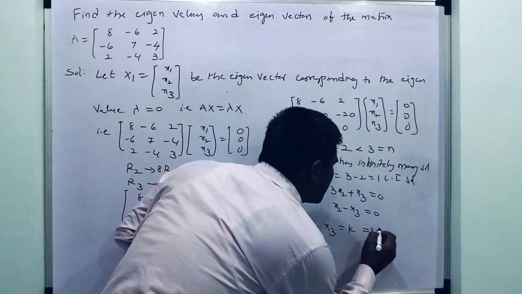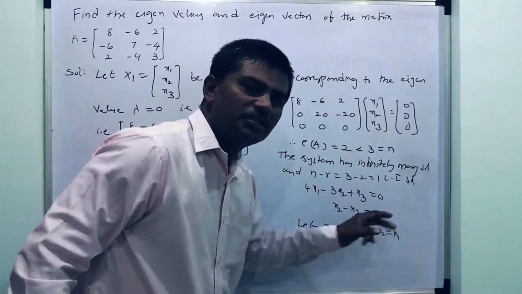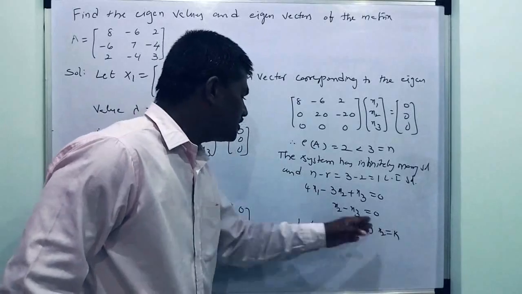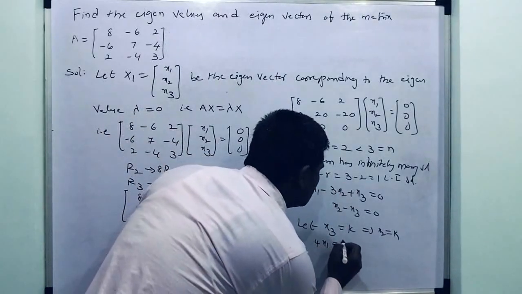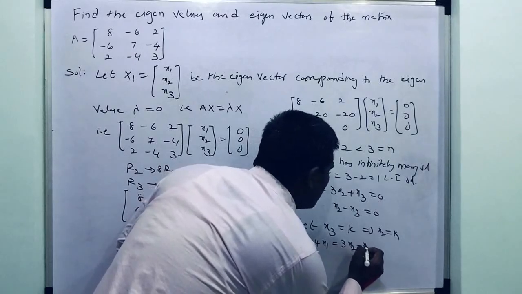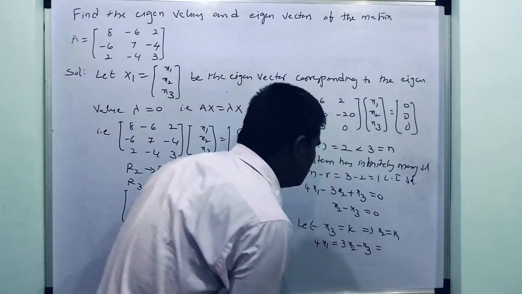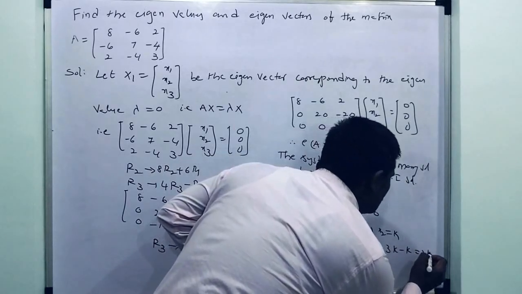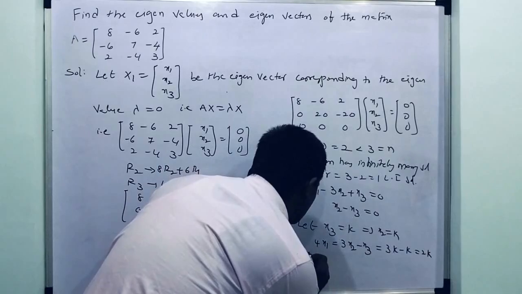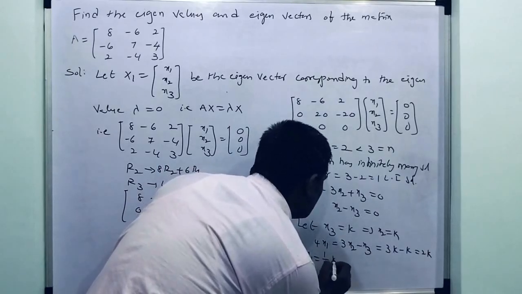That implies x2 is also k by taking this one to that side. By substituting these values in this one, 4x1 = 3x2 − x3, that is equal to 3k − k, which is 2k. So your x1 is 1/2 into k.